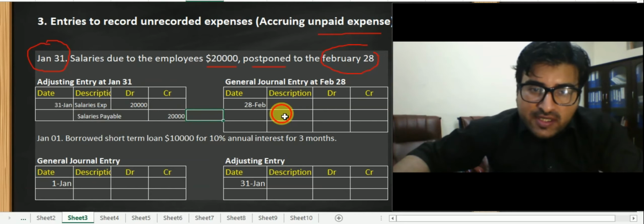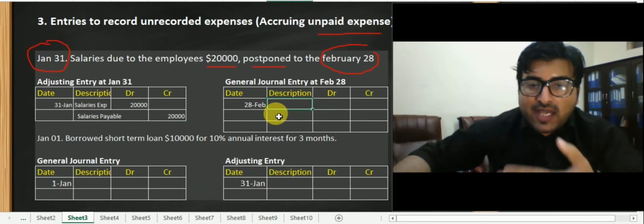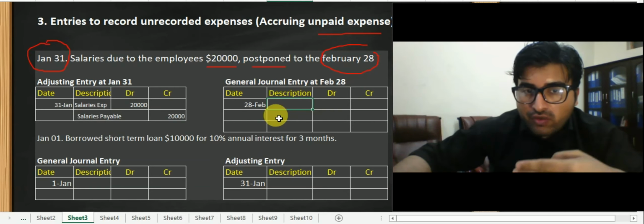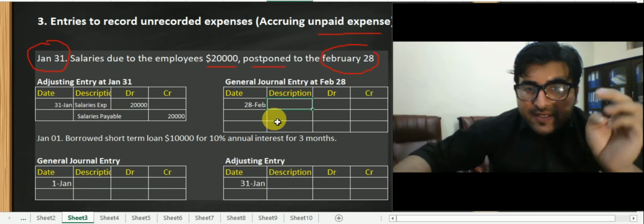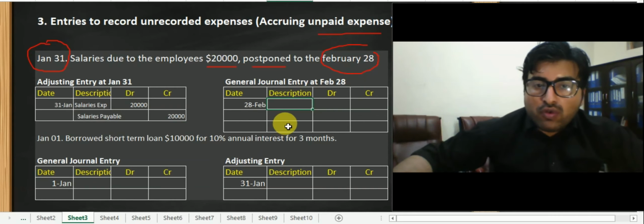Okay, dear students, at February 28th, now it is the time to pay the salaries. But one point here, on 28th February, the salary of February is paid, and also the salary of January is paid.